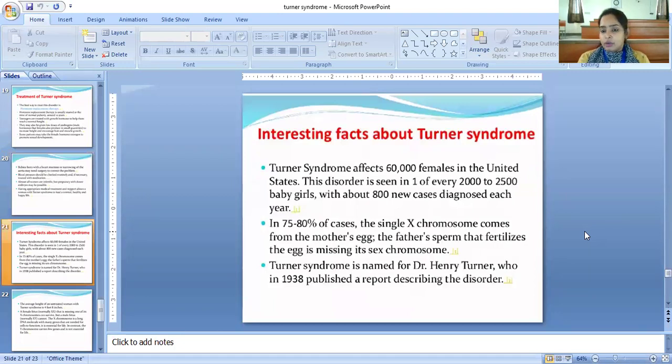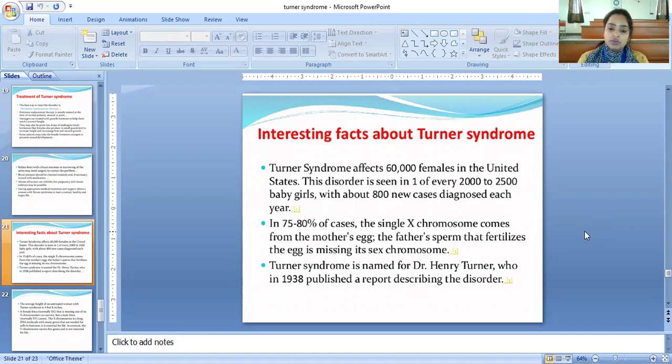An interesting fact about Turner syndrome is that it affects 60,000 females in the US. This disorder is seen in one in every 2,000 to 2,500 baby girls, and about 800 cases are diagnosed each year. In 75 to 80% of cases with a single X chromosome, the X comes from the mother's egg, and the father's sperm that fertilized the egg is missing its sex chromosome.